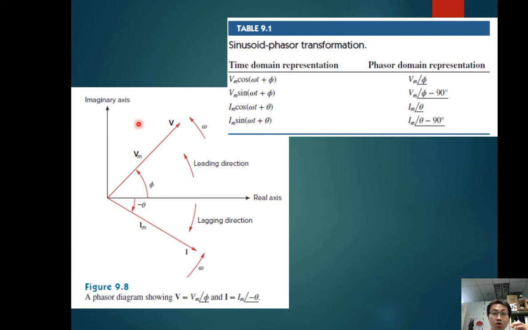When we stand still, we need to know that the rotation is anticlockwise. Just for your information, clockwise rotation is the negative direction. So if I stand still here, I will see Vm come to me first, and then I comes later. So V will lead I. Okay.